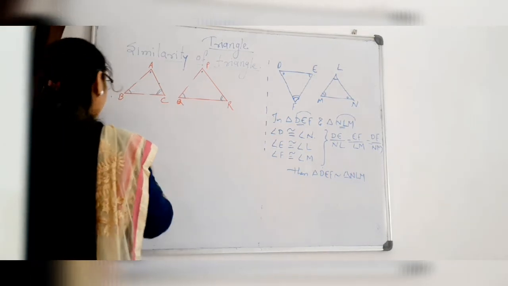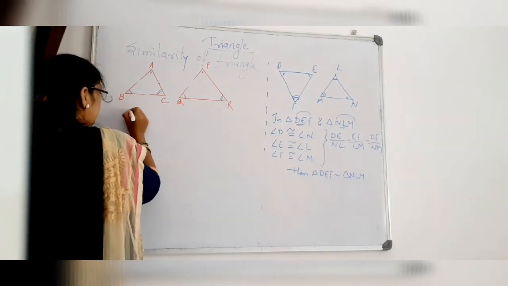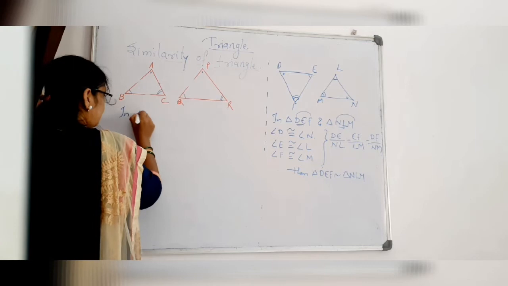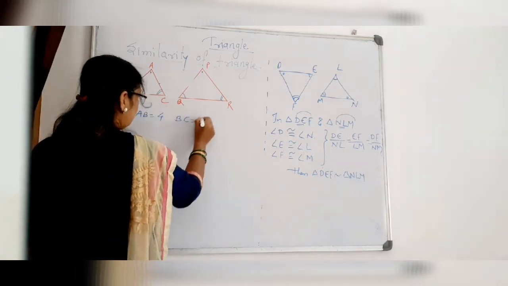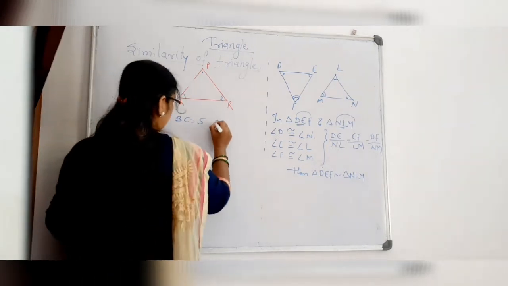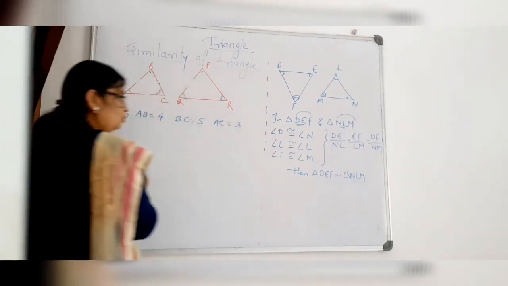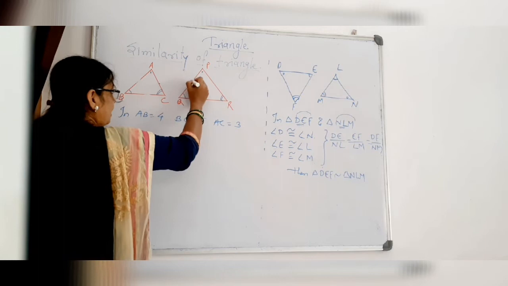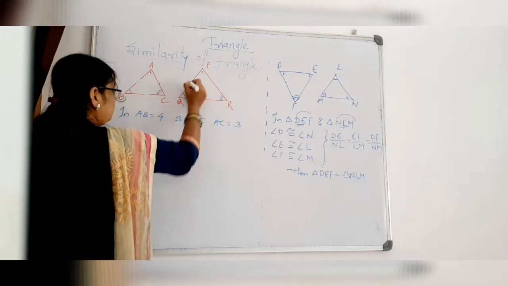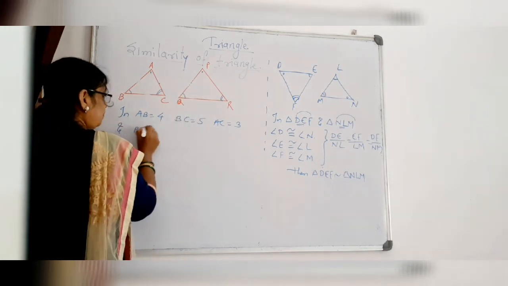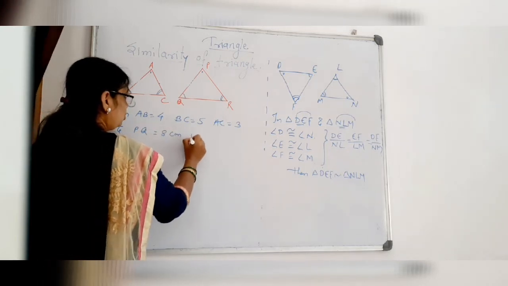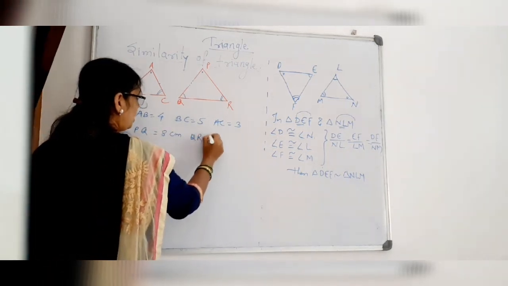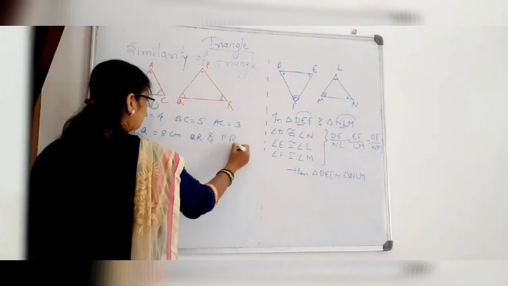Now see here, if AB is 4, BC is equal to 5, AC is equal to 3 centimeter, and PQ is equal to 8 centimeter, you have to find out QR and PR.